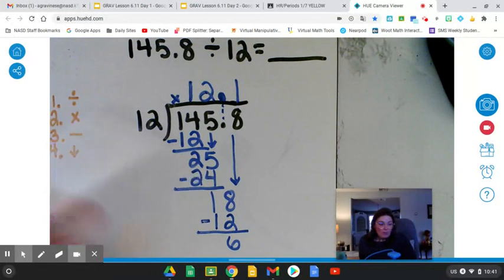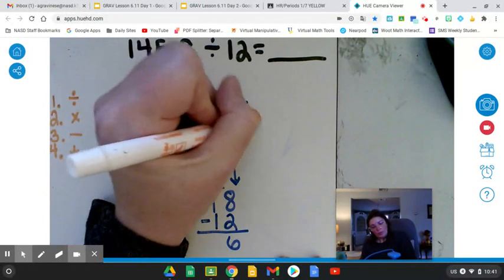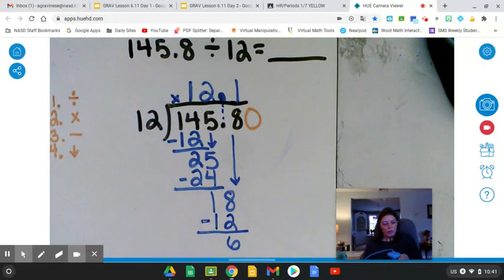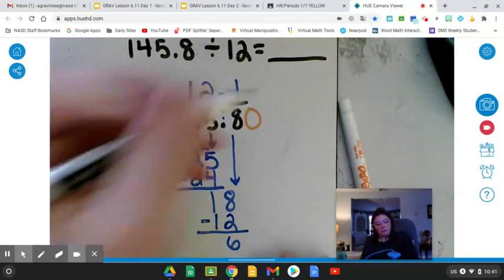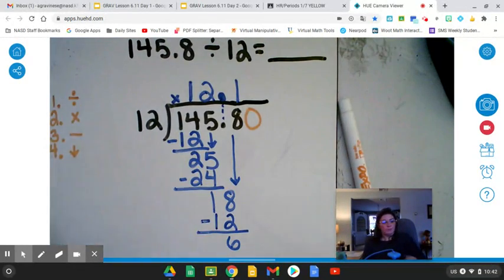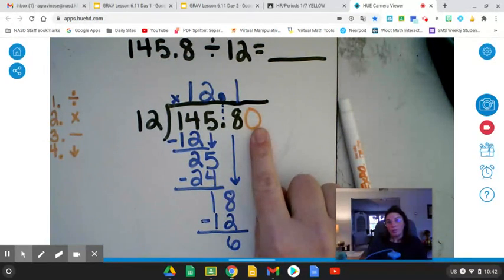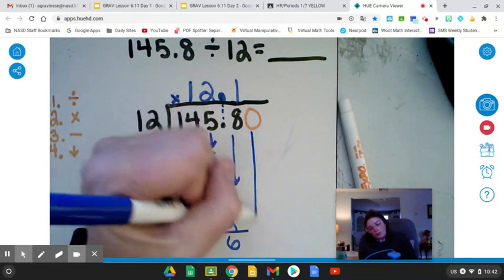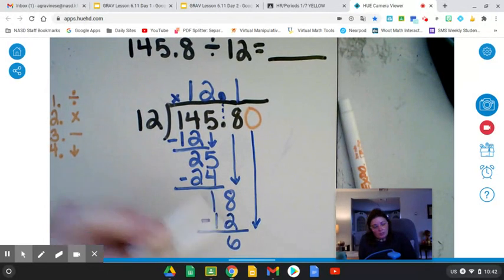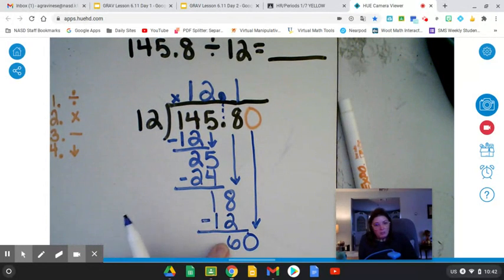So when that happens, if we have what we think of as a remainder, we have to annex a 0 into our dividend, because that does not change the value. It just gives us something to work with. And then we bring that 0 down, all the way down, next to that 6, and we divide again.